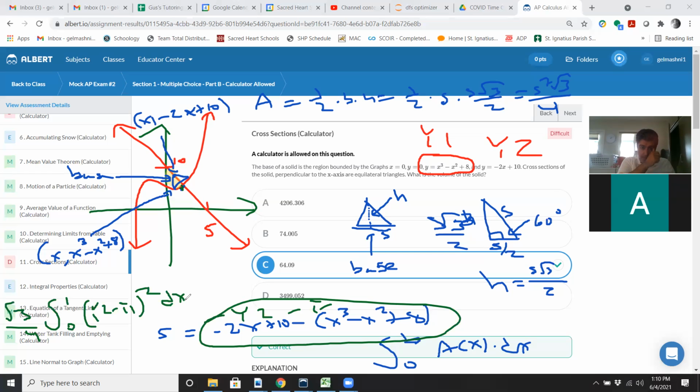So you should get point 639. I don't get that as an answer. What did I do wrong? You have 64.09.